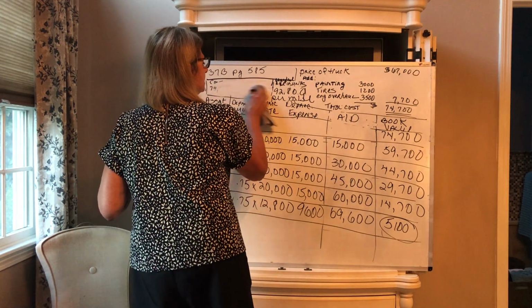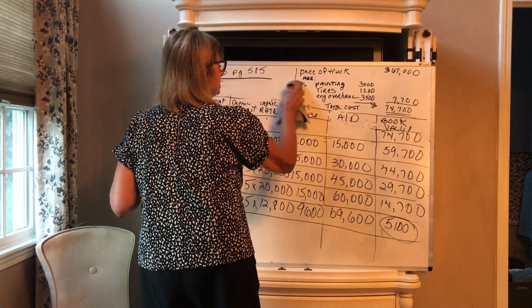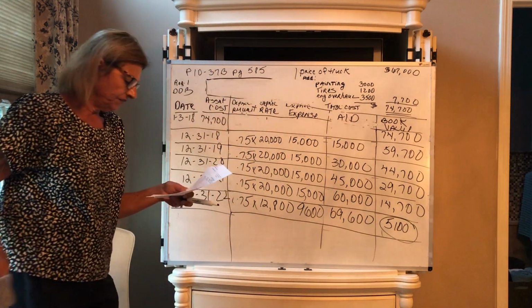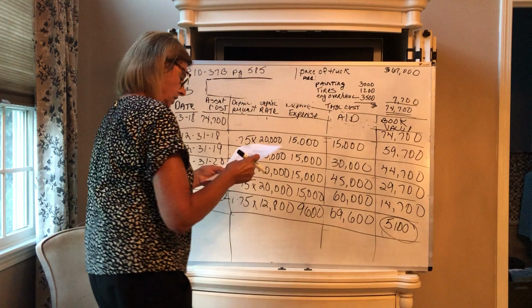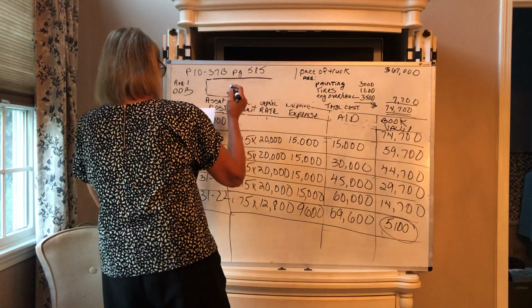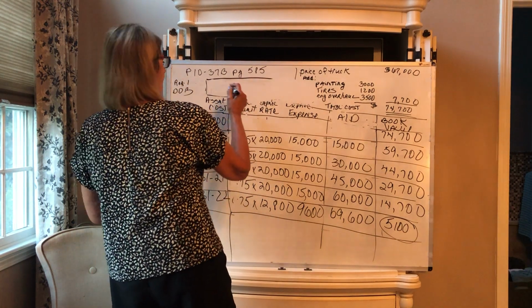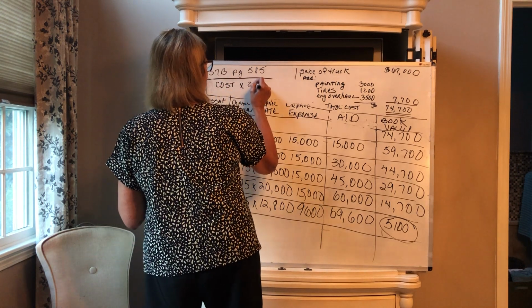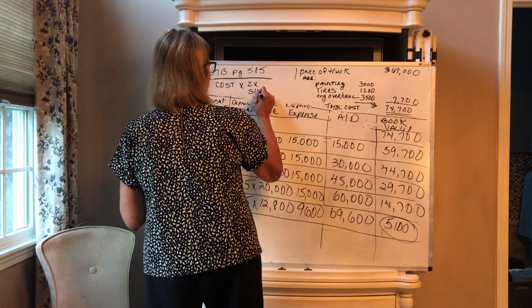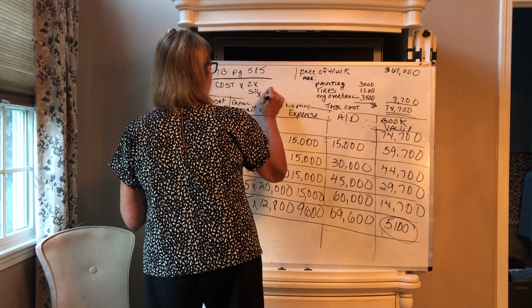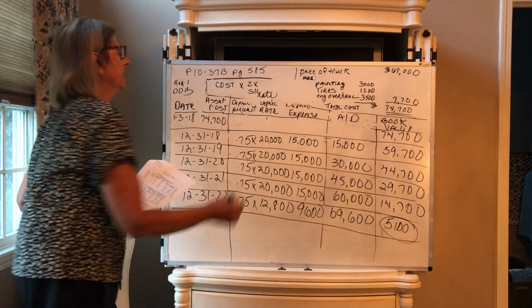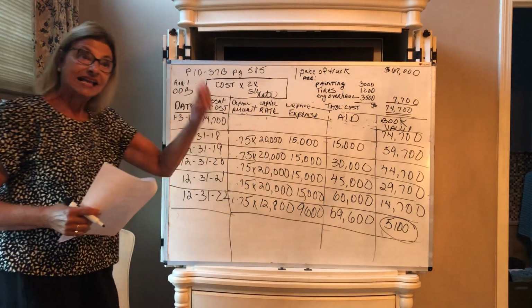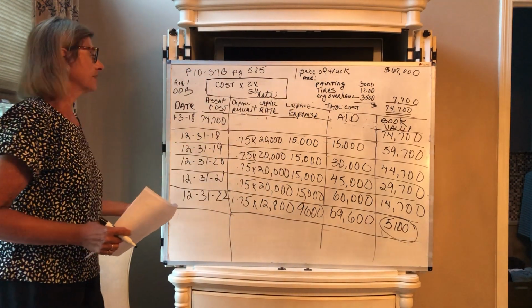Not going to do residual value, but only depreciate down to it. So for double declining balance, we have cost times 2 times the straight line rate. That's going to be how we figure it out. It doubly declines, it's the fastest, it's an accelerated method.